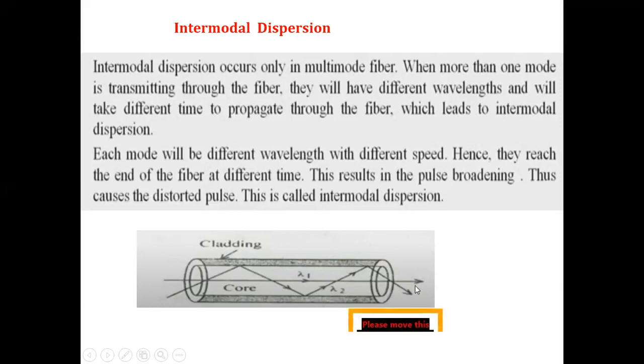So they will be received at different times at the receiver side. Then each mode will have a different wavelength with a different speed, and hence they reach the end of the fiber at different times. So this results in pulse broadening, so this can be distorted. So such a phenomenon is called intermodal dispersion.